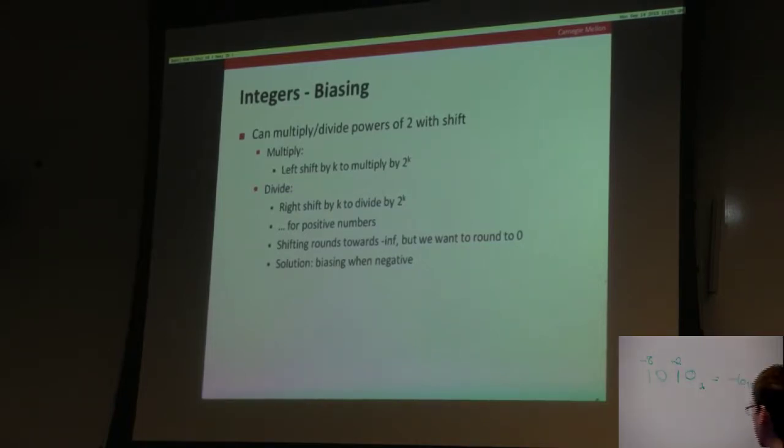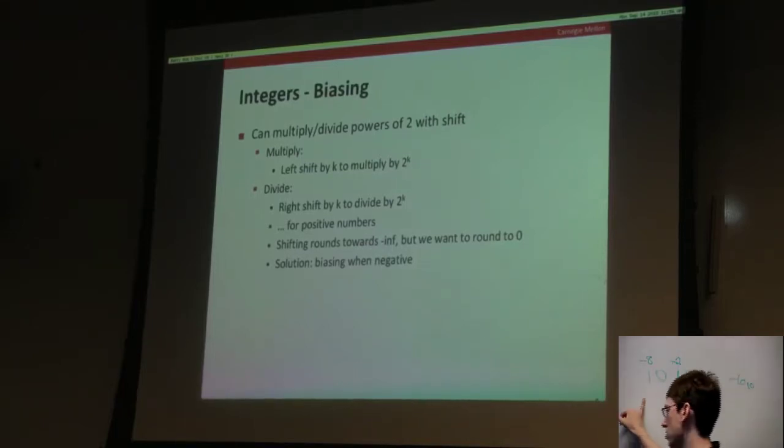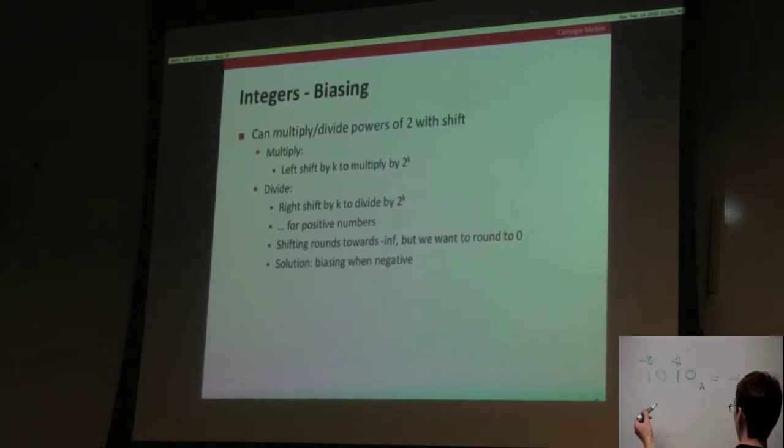When we do a logical right shift, you just pad with zeros, and that can be used to divide unsigned numbers. But since we're working with a signed number here, we want to do an arithmetic shift, which pads with the value of the sign bit. So when we have a negative number, it pads with 1s, and when we have a positive number, it pads with 0s. So we do an arithmetic right shift by 2.